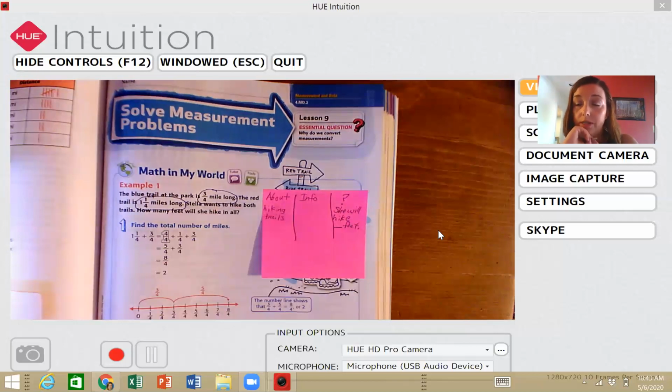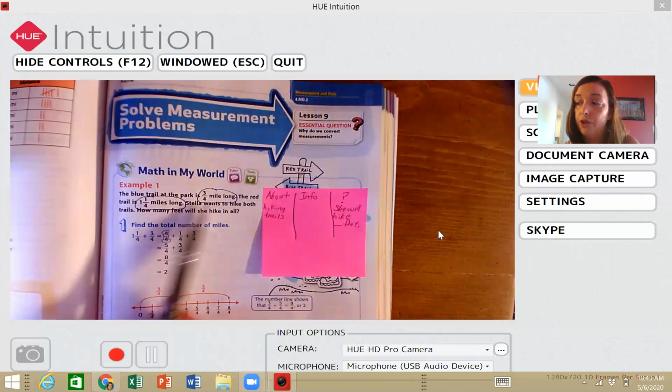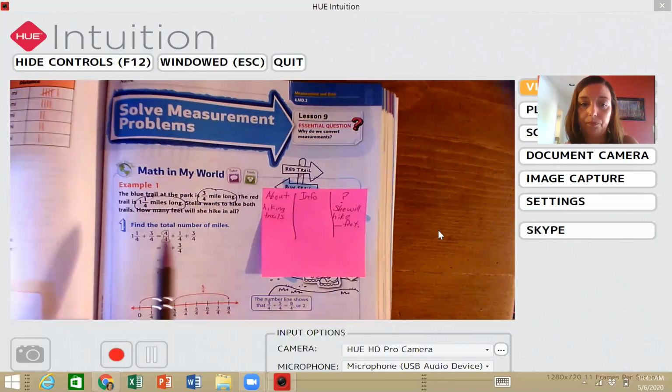One thing that I noticed though is that the information it's giving us is in miles. So I'm going to need to keep that in mind as I am solving this problem. So step 1, if I want to know how many miles she hiked, I'm going to have to add the 2 trails together.